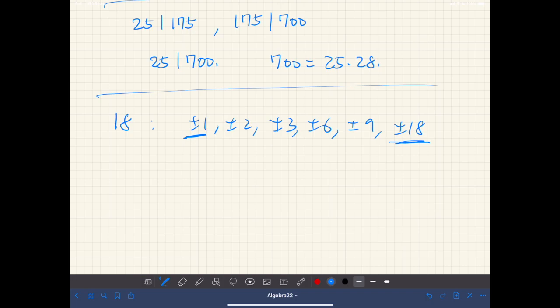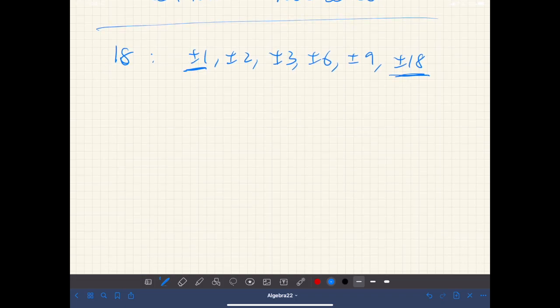But if you want to enumerate all divisors, we always have to write plus minus, plus minus, plus minus, and that is a little bit cumbersome. But we don't have to do this actually because this is trivial.